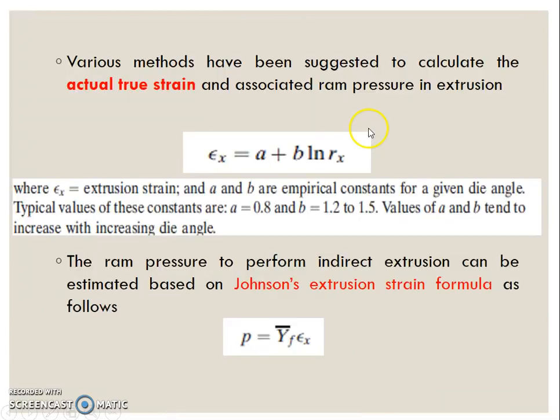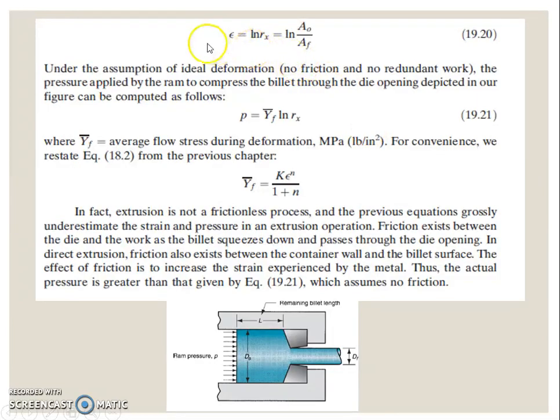Now we're going to show you the equation for you to find the true strain. This is the condition when there is no friction. So the epsilon equal to ln Rx, or equal to ln A naught over AF. Now, how do you find the pressure? The pressure is equal to average flow stress times ln Rx, the true strain.